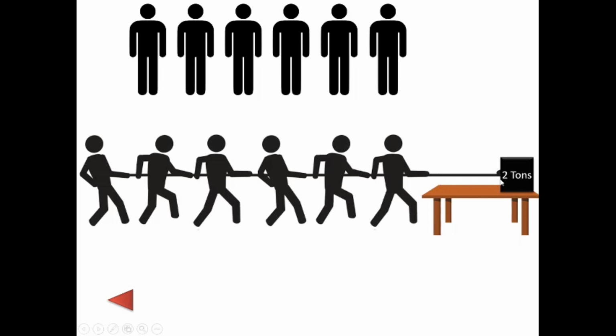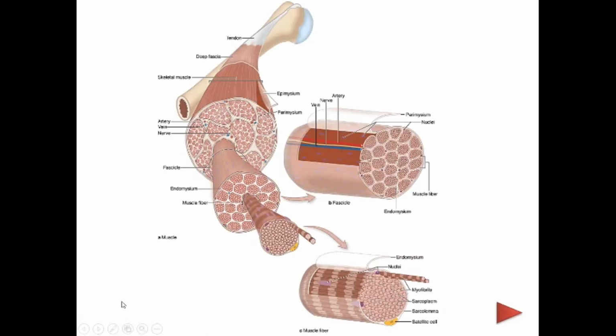Connect the rope to the object, and all the persons grab the rope and pull it on the surface of the table. Actually, in the muscle, all of the cells are attached together like a rope, by connective tissue, and all of this connective tissue, endomysium, perimysium, and epimysium, emerge from the end of the muscle as a tendon and attach to the bones.